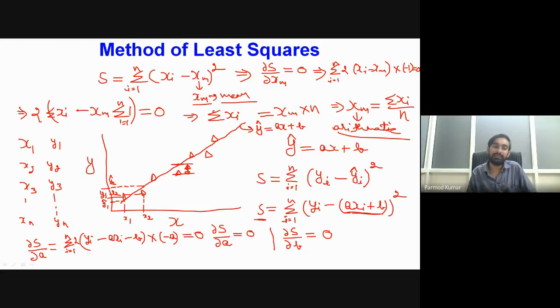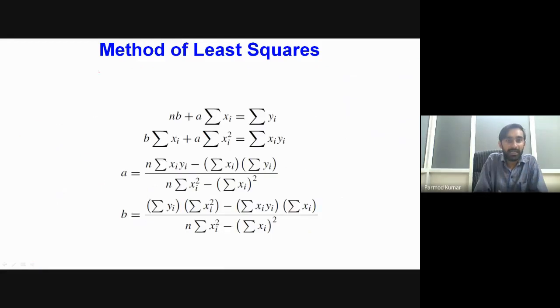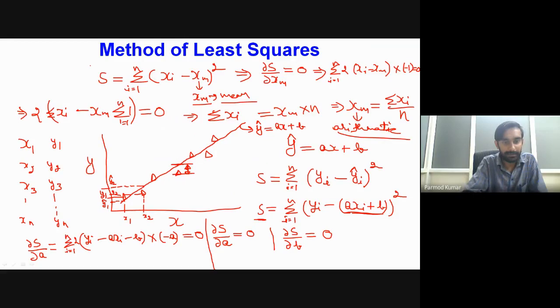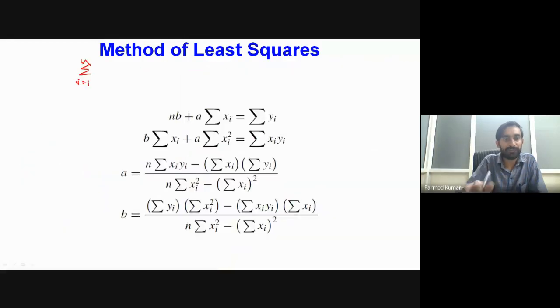So this is my del S by del a. If I simplify this further, I get summation i varies from 1 to n, and this 2 I am taking outside because it is common to every quantity.